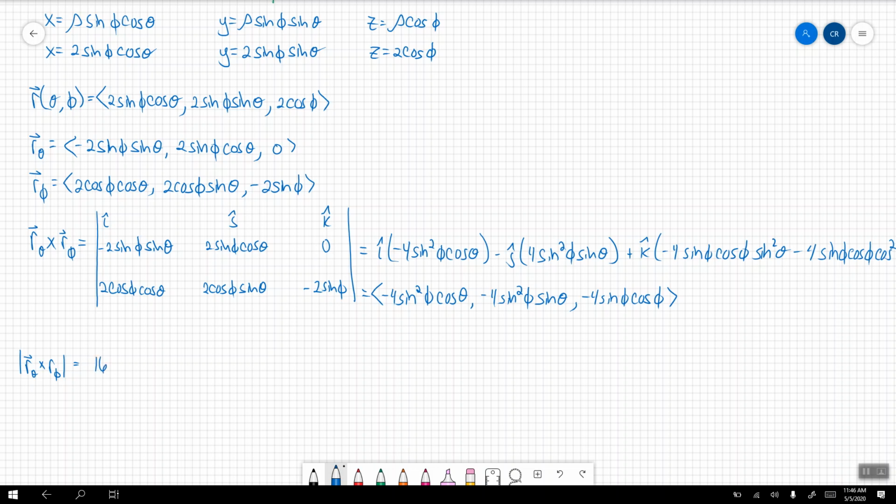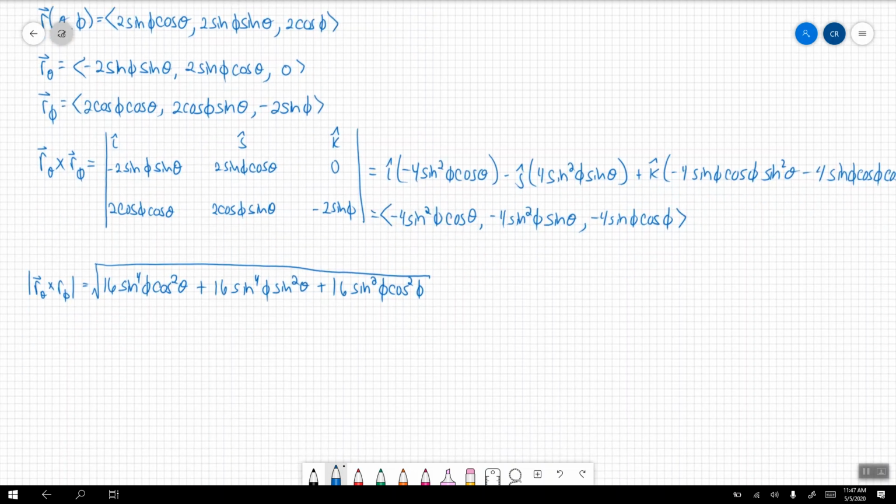That's going to get me 16 sine to the 4th phi cosine squared theta, plus the middle component squared, another 16 sine to the 4th phi sine squared theta. I'm squaring each component. And the last component, again, 16 sine squared phi cosine squared phi. All of this is under a square root.